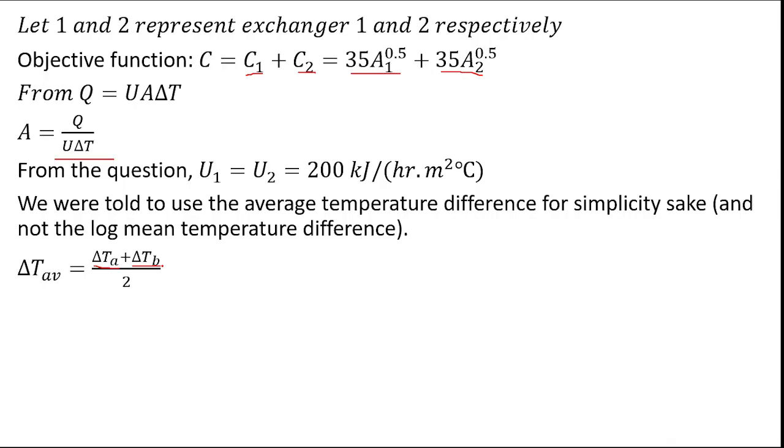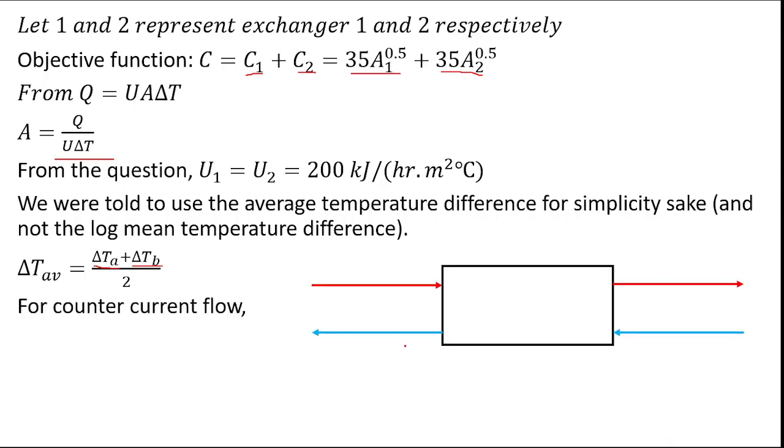So understand what we mean by that. For counter current flow, usually we have this kind of configuration. We have a hot stream coming in and going out in one direction, and the cold stream coming in and going out in the other direction. Now if I want to find the change in T, what I meant by finding the change in temperature at a section is, if you look at this part here, we can look at the change in temperature here, and then we can also do the same thing for the streams over here.